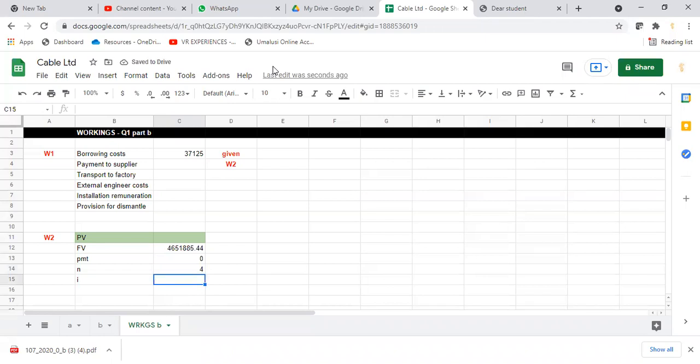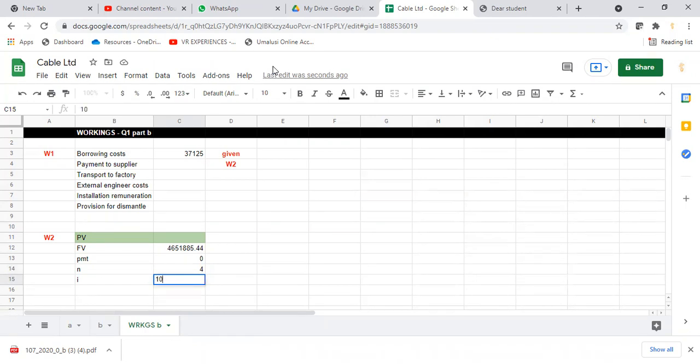The discount rate is your pre-tax discount rate, which was given to us as 10%. But remember, that's 10% per annum. Our I must match our N. Our N is a monthly compounding period, so I must also be a monthly interest rate.